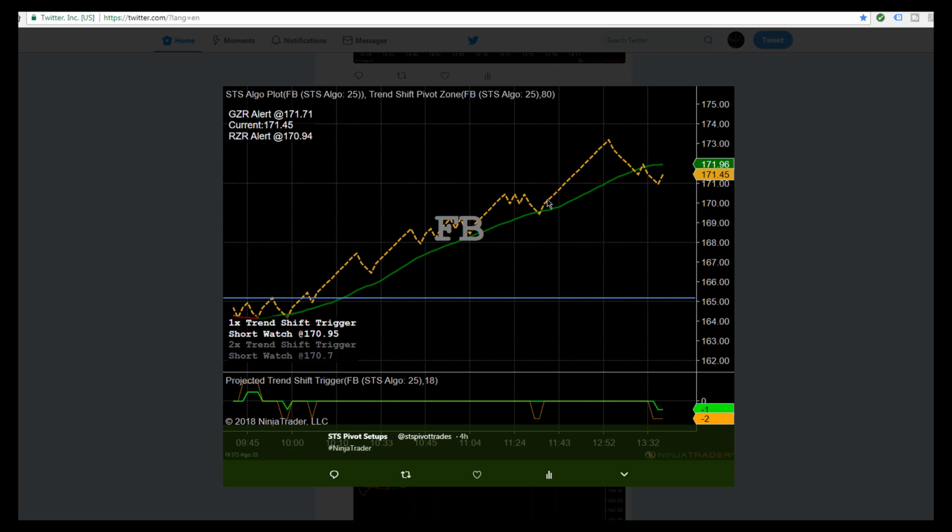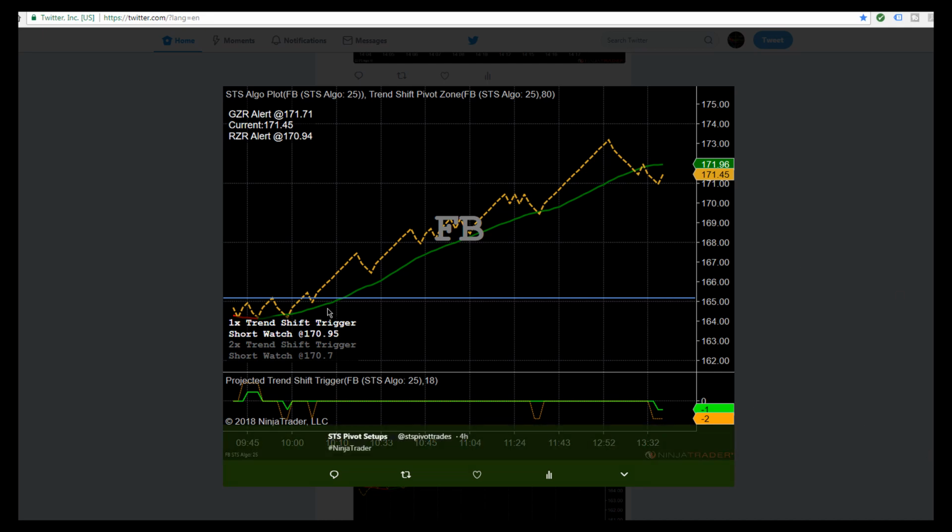The trend retracement level, the entry price, is right here. This stands for green zone retracement. We're in our green zone. We retrace, and when this occurs, you look here for your entry price, which would give you the price here and here for these next moves up if you wanted to take intraday trades.